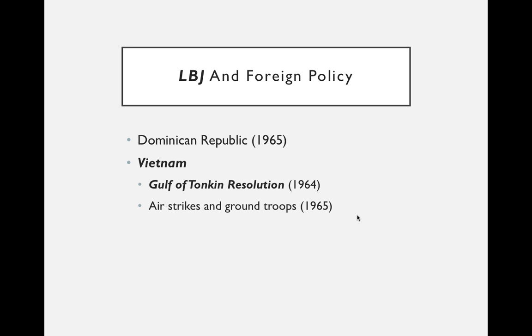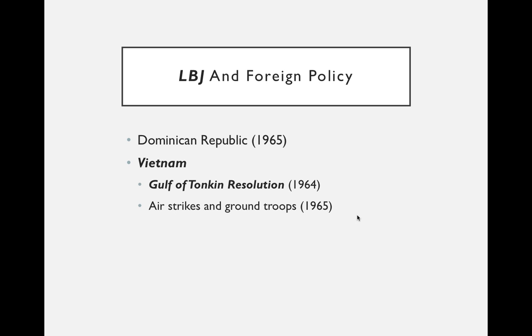Now, Johnson had not been a stranger to expressing support for military involvement. For example, in the Dominican Republic, 22,000 American troops were sent to intervene in a power struggle in Dominican politics, particularly, however, in favor of a more right-wing American-friendly government versus an elected left-wing president who had been overthrown in 1963.